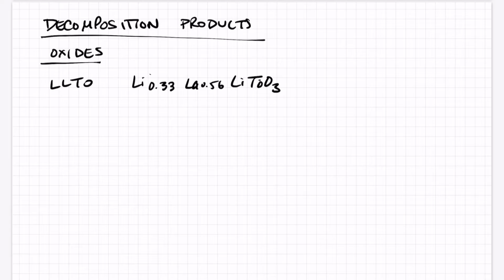All right. So in terms of the reduced species, here we focus on the titanium product. So here, titanium could go from a 4+ state to a 3+ state.